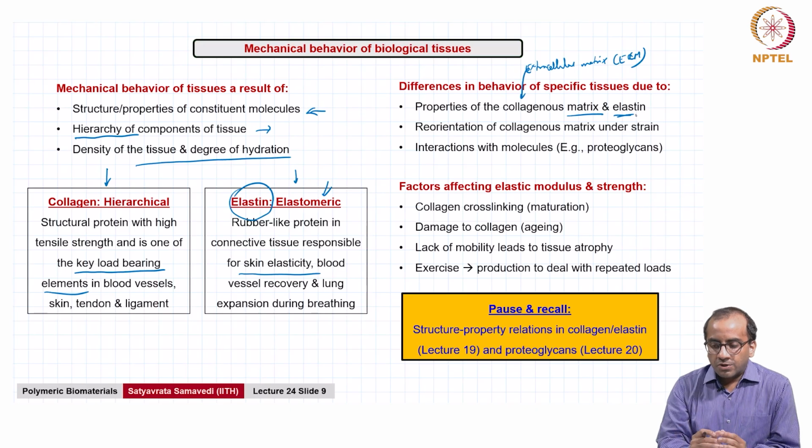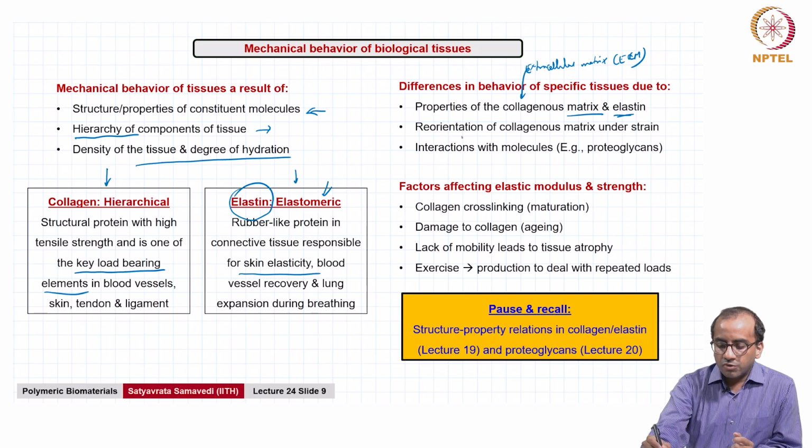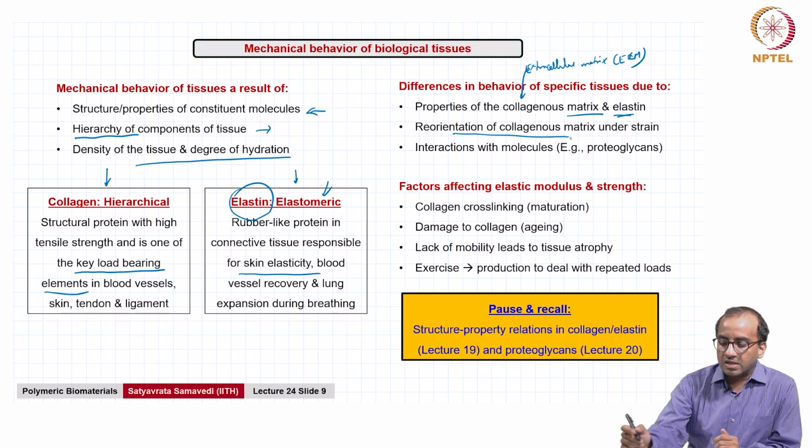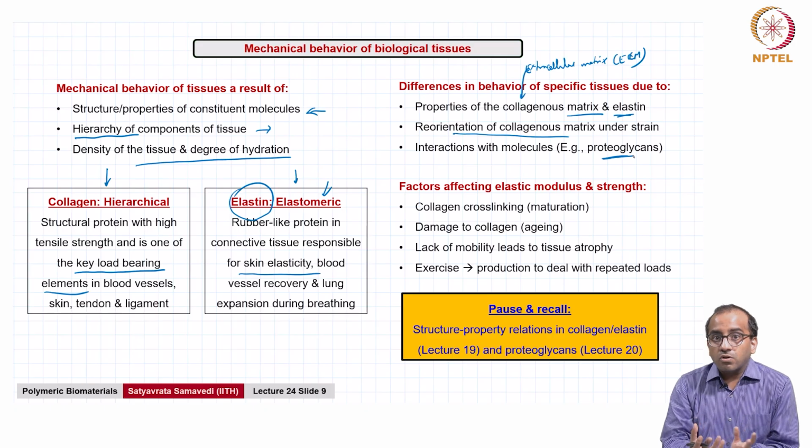For example, in response to strain, you can have reorientation of the collagenous matrix, as we will see very shortly for tendon tensile testing. Of course, the mechanical properties are also tissue specific, depending on what other kinds of molecules and factors are present. For example, in cartilage, you will have type 2 collagen associated with proteoglycans, right? That gives a certain type of mechanical properties.